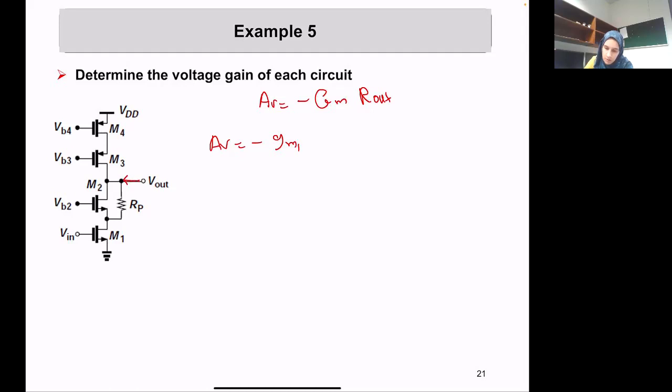So it will be the impedance that we see down in parallel with the impedance that we see up, times R out. Let's call this ROP, and this RON.